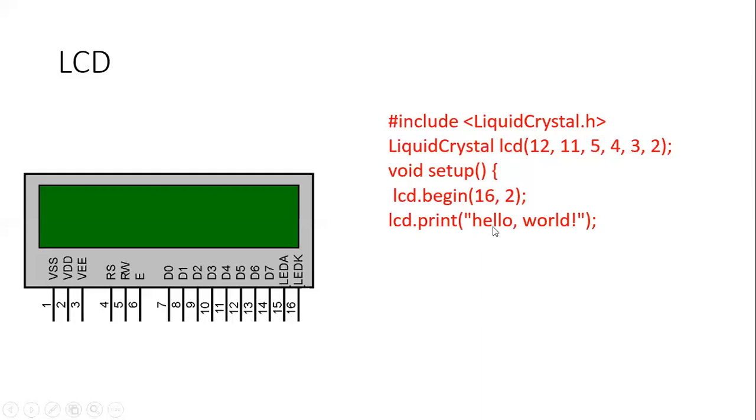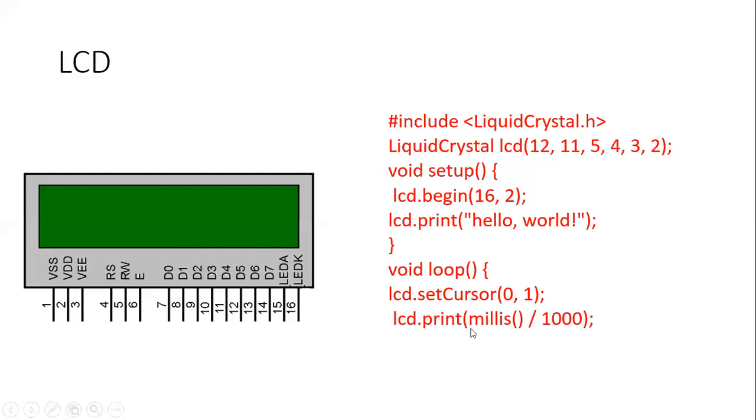Here we specified hello, world. That is the setup. In the loop, we can set the cursor. We can set the cursor at the 0th row, first column, or any particular position.